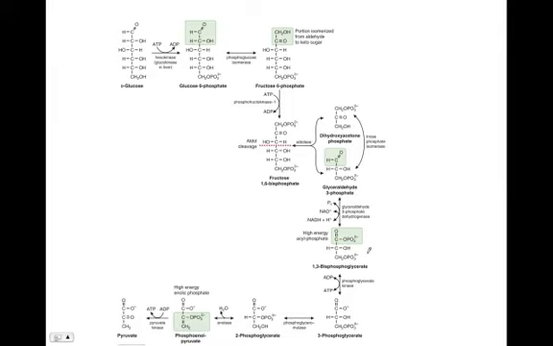In the next reaction, the phosphate is transferred to ADP using phosphoglycerate kinase to generate an ATP. The 3-phosphoglycerate produced from this reaction is isomerized using phosphoglycerate mutase, which moves this phosphate group to carbon 2 of the molecule.